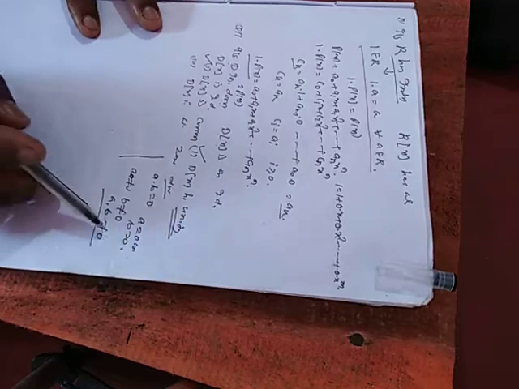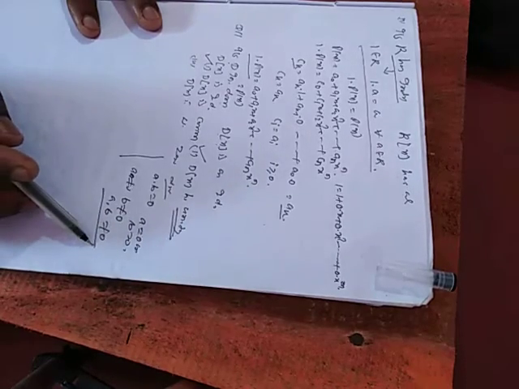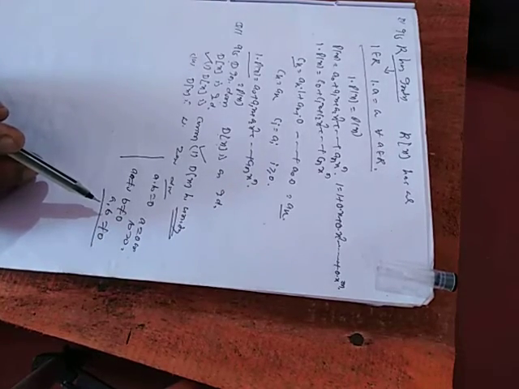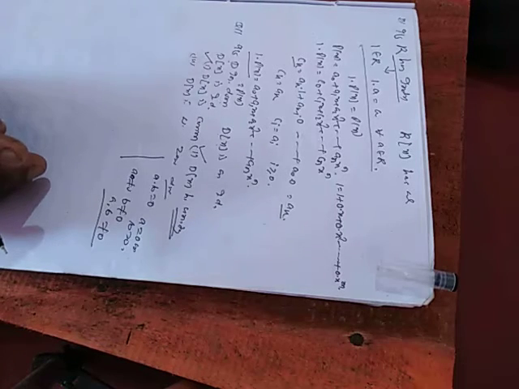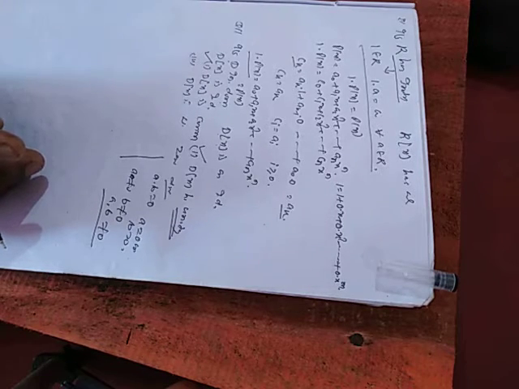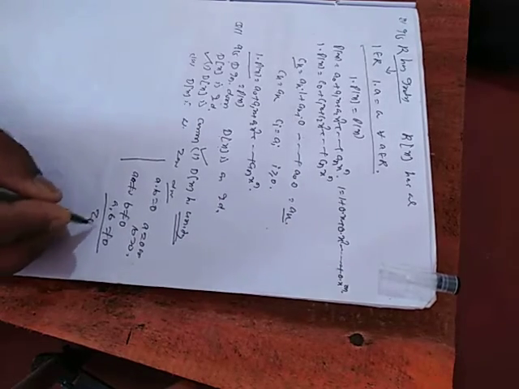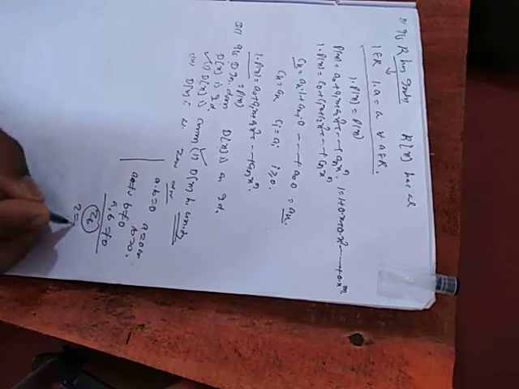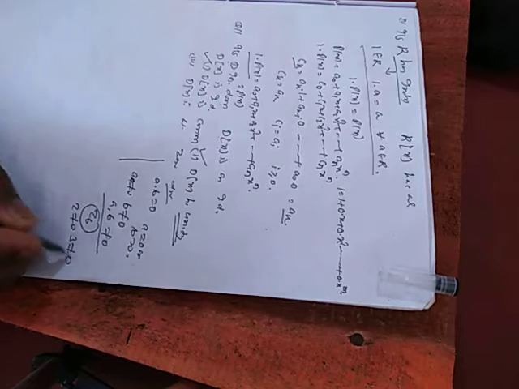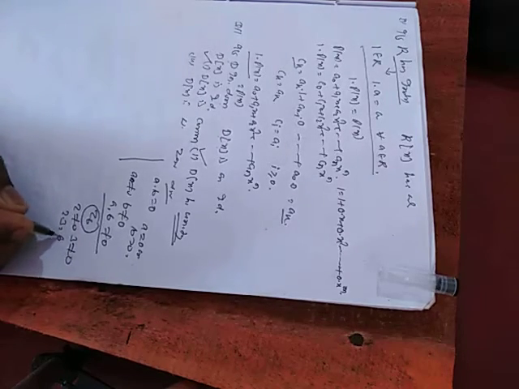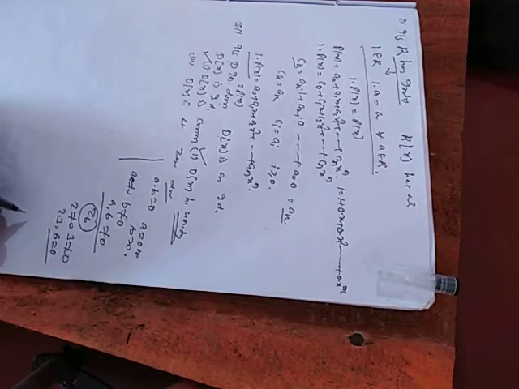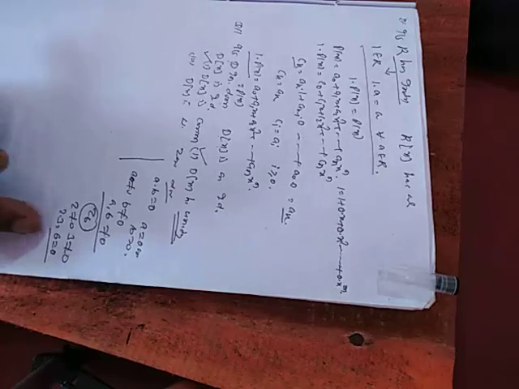What is with zero divisor? If a is not equal to 0 and b is not equal to 0 but a into b equal to 0. For example, in Z6, 2 is not equal to 0, 3 is not equal to 0, but 2 into 3 is 6, which is equal to 0 modulo 6. So this is a ring with zero divisors.